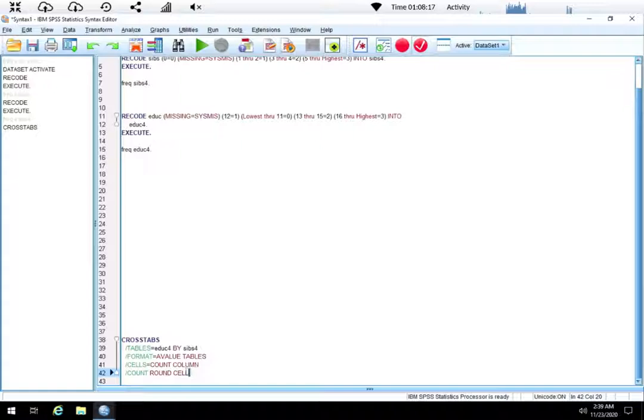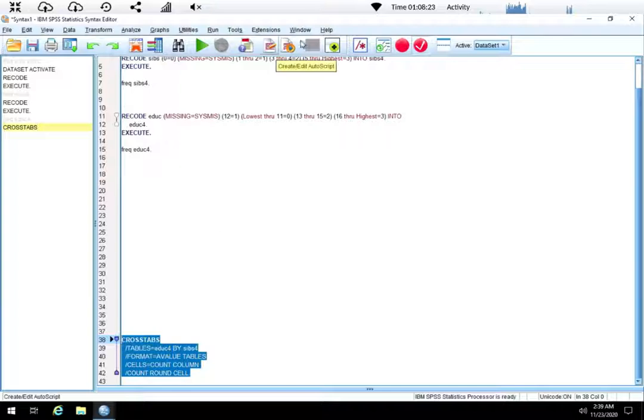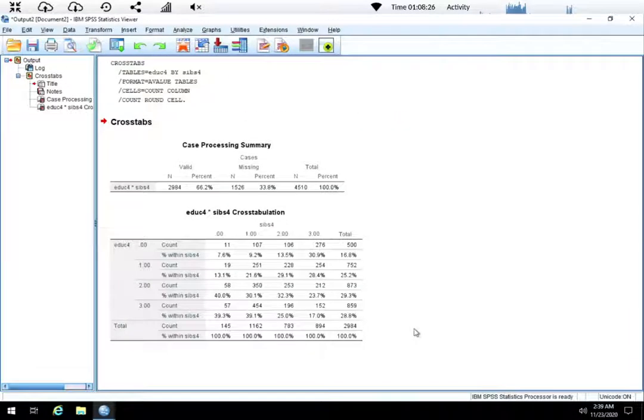And we're going to run that crosstab to see if there's a relationship between the number of siblings you have and the level of education that you have. This also has frequencies in it, count, but you can ask SPSS to leave that out if you just want the percentages. And remember, you can use shorthand syntax as well.